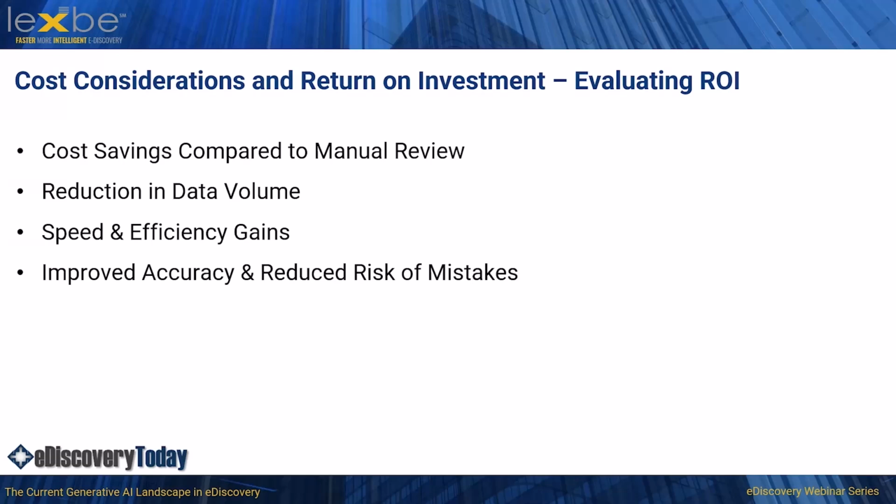But anytime you can be more accurate with review and reduce the risk of missing key documents or overproducing either irrelevant documents or maybe documents with sensitive or privileged information on it, that's a good thing.